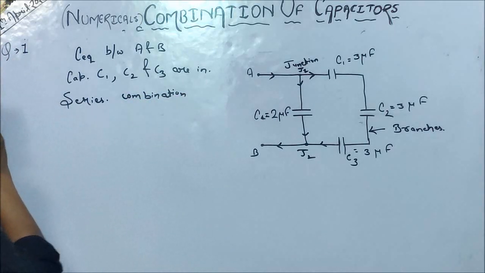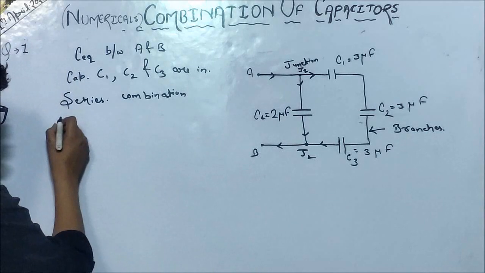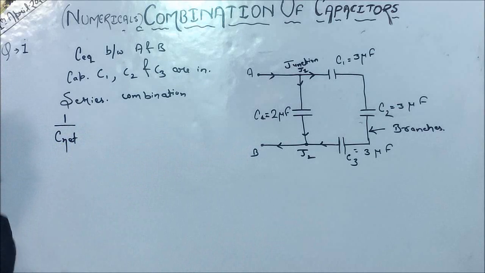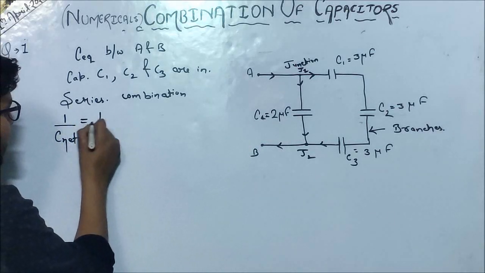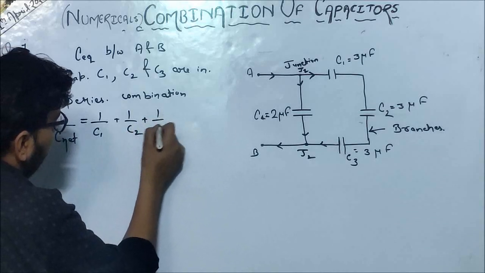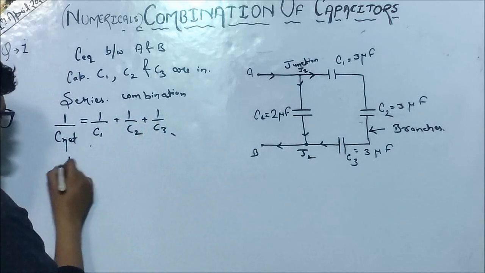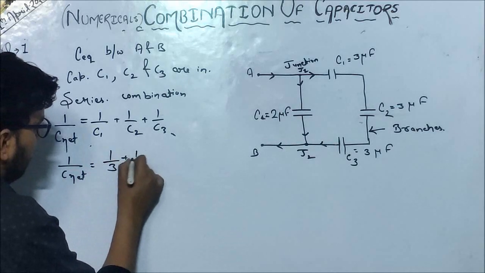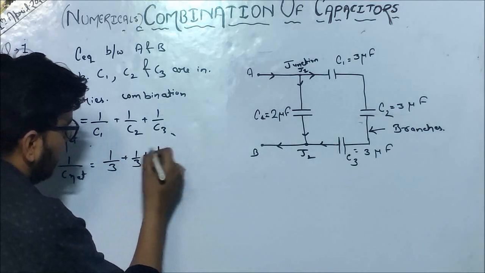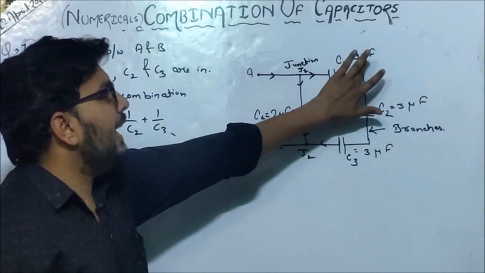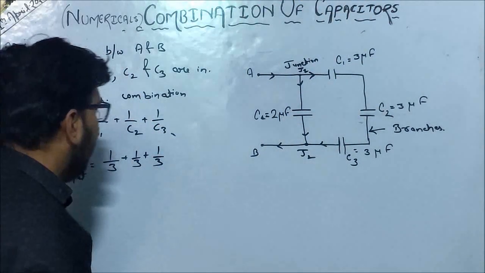So now the net capacitance C net of this branch will be 1 by C1 plus 1 by C2 plus 1 by C3. So 1 by C net is equal to 1 by 3 plus 1 by 3 plus 1 by 3, and later I will put the value in microfarad, that is 10 to the power minus 6.